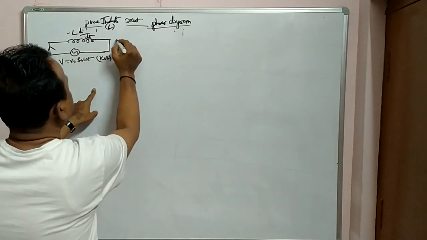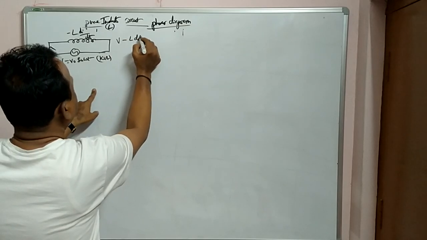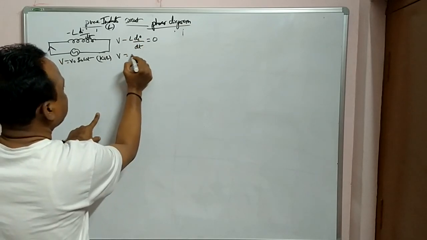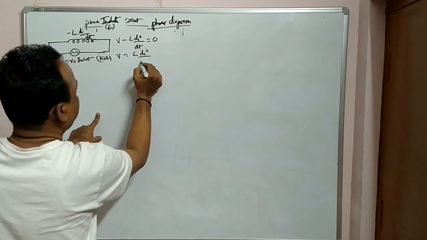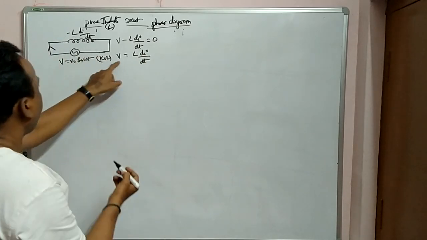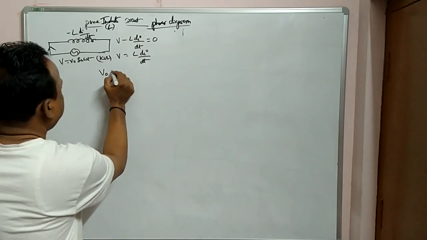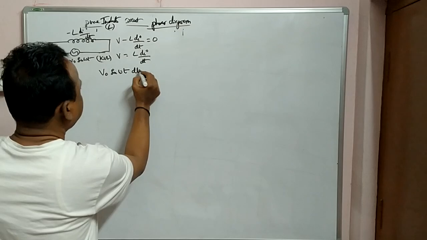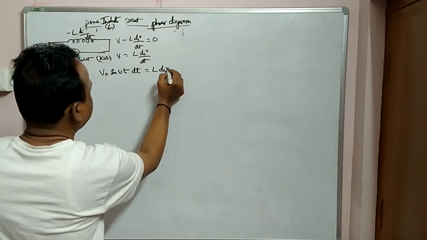V minus L dI by dt is equal to 0, or V is equal to L dI by dt, applying Kirchhoff's voltage law. But what is V here again? V0 sin omega t dt is equal to L dI.